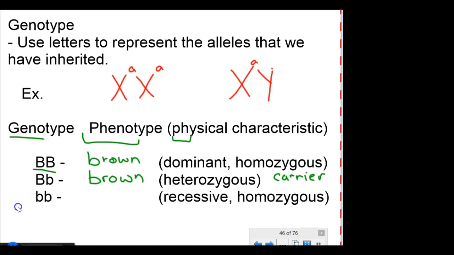Because if the woman is a carrier, one of these X's had to come from dad. One of the X's comes from mom. If dad's colorblind, she's going to get a colorblind gene. Which means her male child or children has a 50% chance of getting one of these X's.